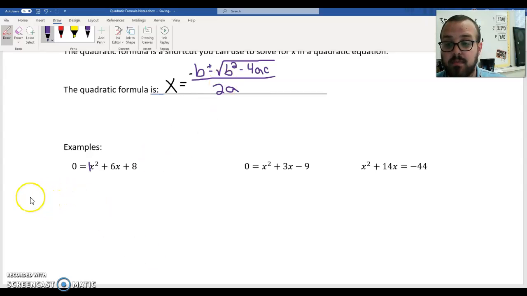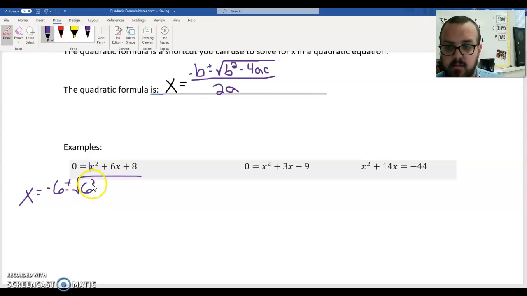So my formula would be that x values are going to equal negative 6 plus or minus the square root of 6 squared minus 4 times 1 times 8, all divided by 2 times 1.